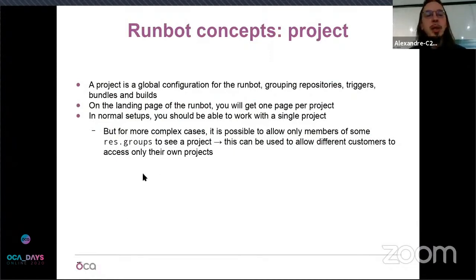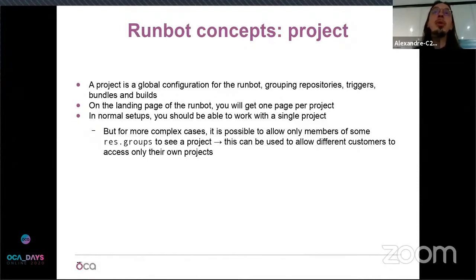Also, what you may be interested in, it's possible to allow only members of some groups to see a project. Okay, so as far as I've been able to figure out, the Runbot is a key component of Odoo SH. Okay, and when you're using Odoo SH, you are not browsing anonymously.